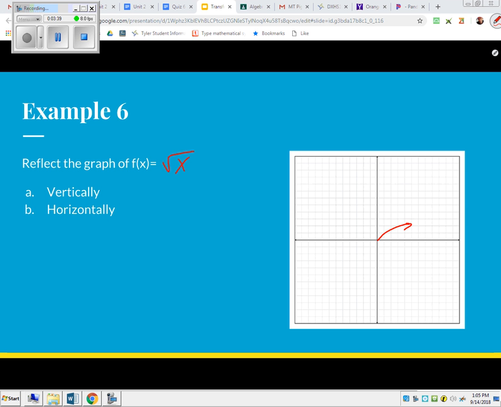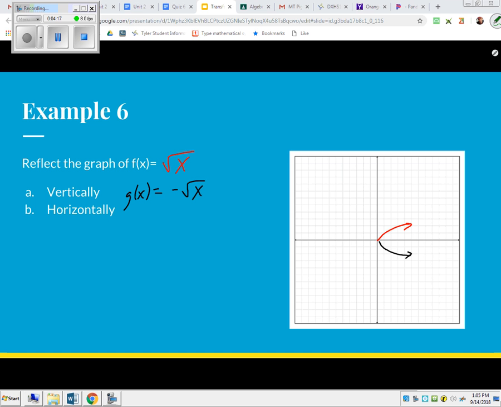All right, if I reflect this vertically, it's going to come down underneath the axis. I'm going to call this g of x. What does my function look like? Negative square root of x. I'm going to put the negative on the outside because I reflected this up and down. Does that make sense?